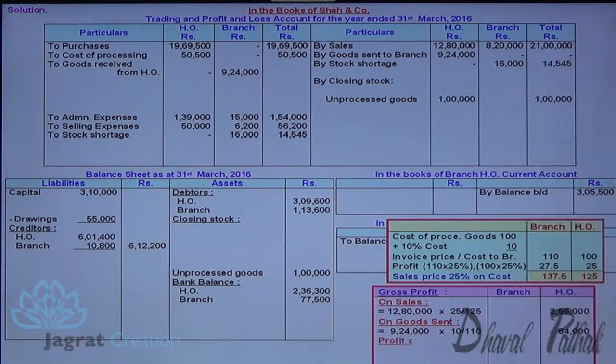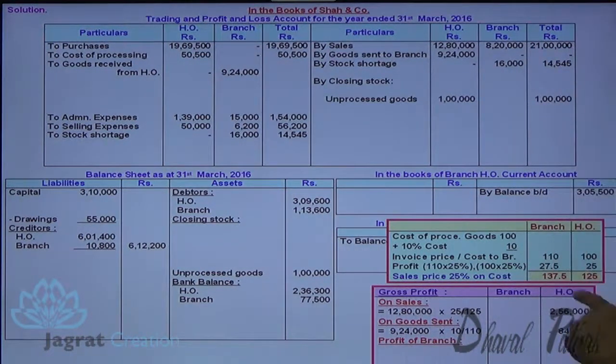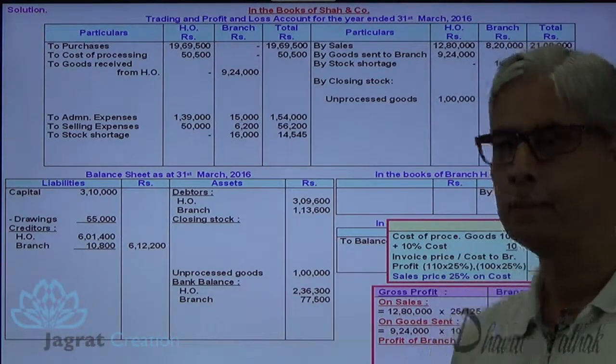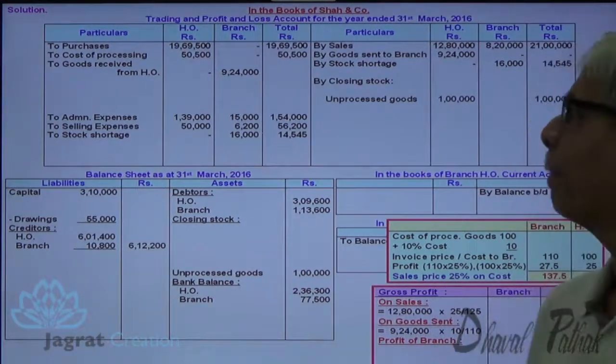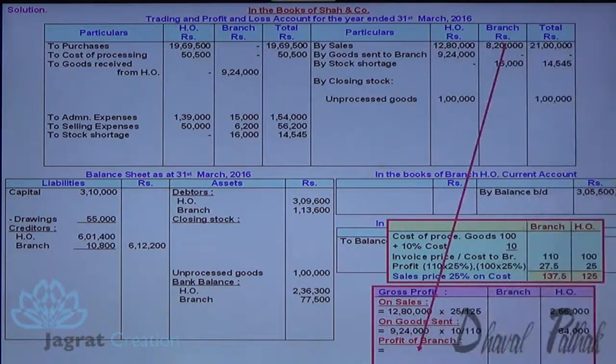Now sales of branch is 8,20,000. So if 137.5 is the sales price, then 27.5 is the profit element. How much for 8,20,000? So 8,20,000 into 27.5 divided by 137.5.